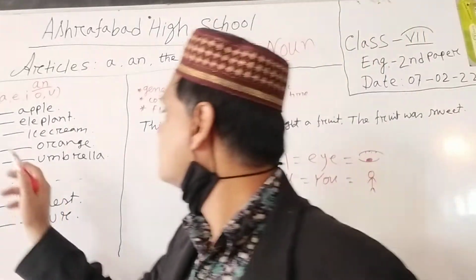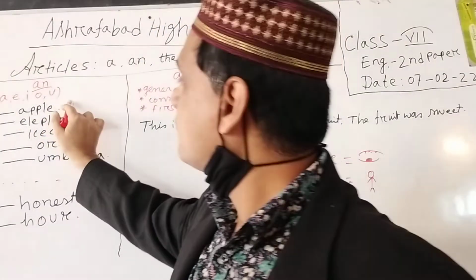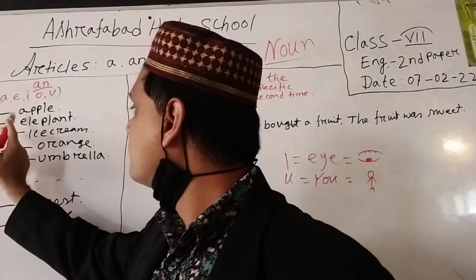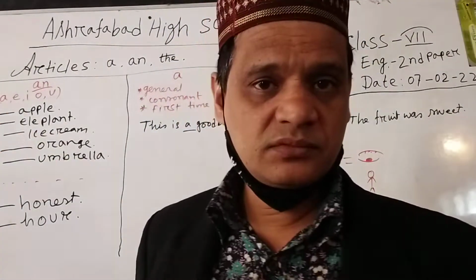Let us say apple. The noun here, apple, is beginning with the letter A. A is a vowel.